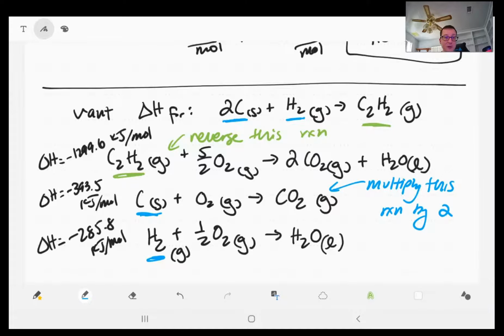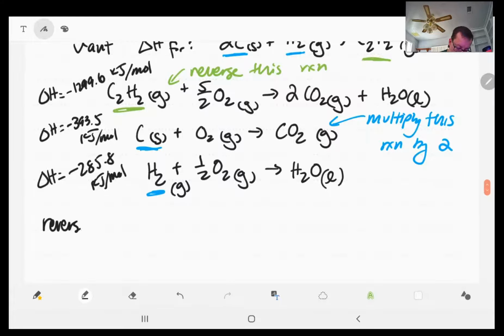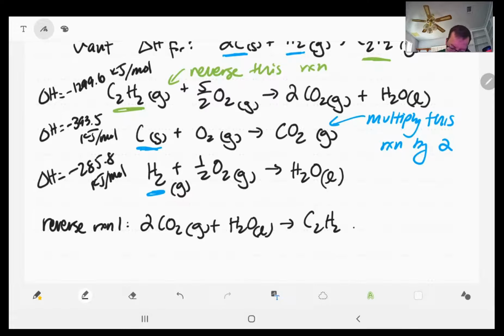So let's try doing these things and try to add them up. So if we reverse the reaction, I'm going to just write that one here. Two carbon dioxides plus water turns into C2H2 plus 5 halves O2. Okay. Now let's try adding these 3 up and see what happens.